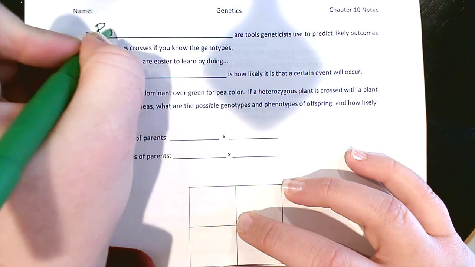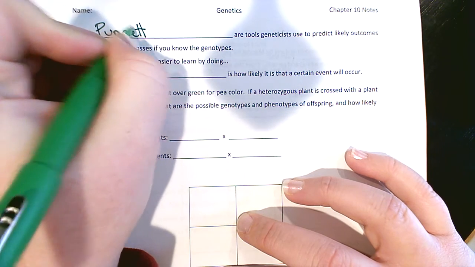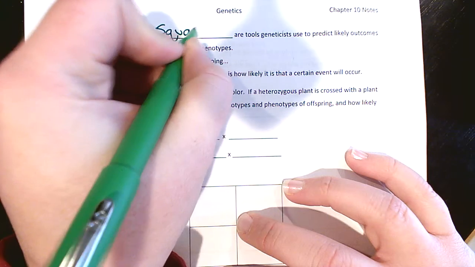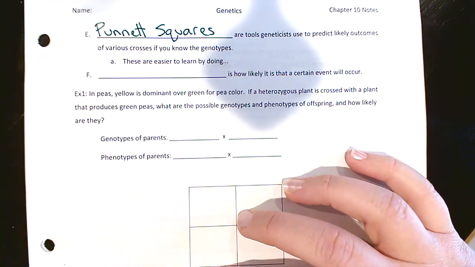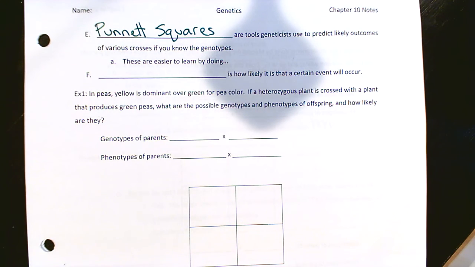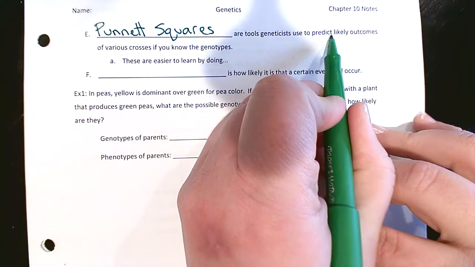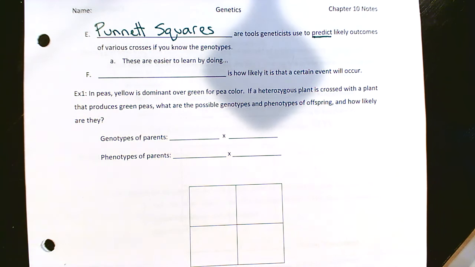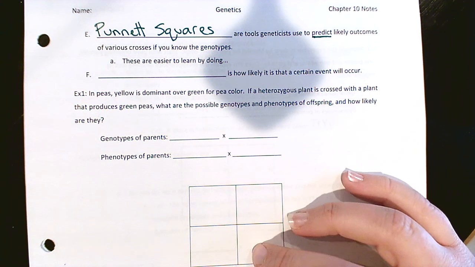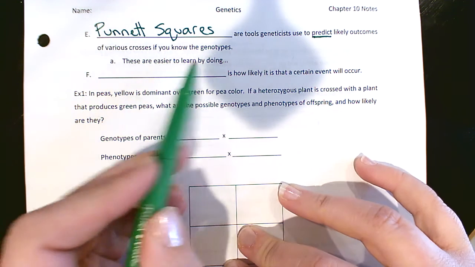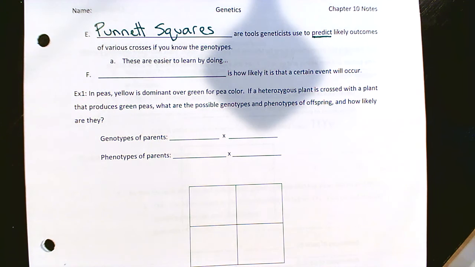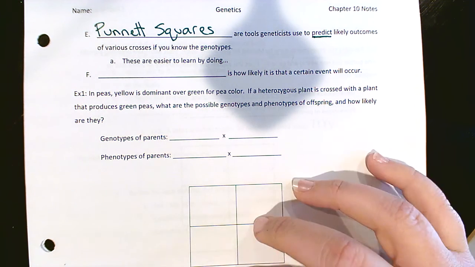So these are called Punnett squares, and they are tools that we use to make predictions about what will likely happen, not necessarily what will happen. We'll talk a little more about the difference between a prediction of what will likely happen and what necessarily will happen. These are easier to learn by doing. I've got 4 examples. Hopefully by the time we're all the way through they make sense.